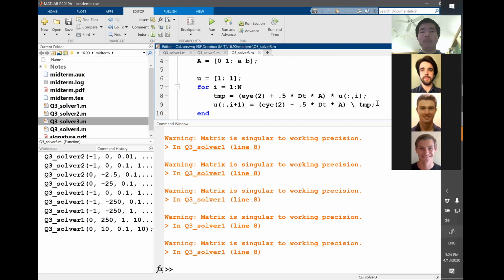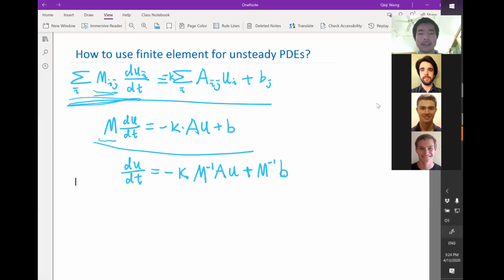If you are discretizing a partial differential equation, like what we have been discussing here, with 10,000 degrees of freedom, so M is a 10,000 by 10,000 matrix, having to invert the matrix or not makes a huge difference. So this is one of the reasons that when you use finite elements, a lot of people choose an implicit method for time integration, because you have to invert matrices anyway.